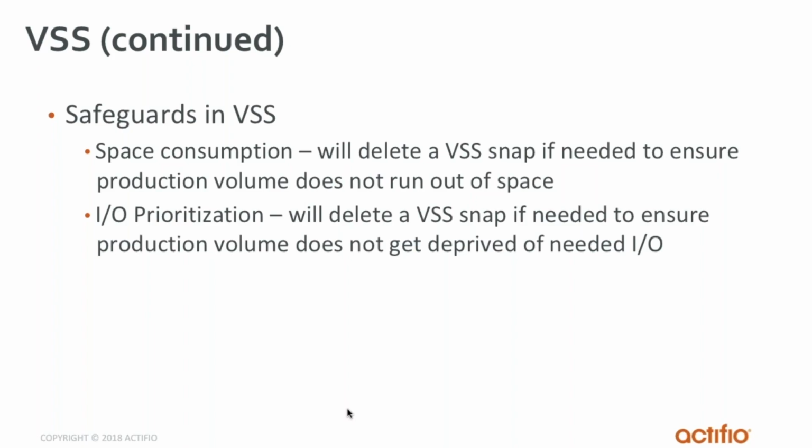The VSS provider allocates space to the snapshot. And when that space fills up, then it allocates more. And it does it in chunks. At the point in time when it does the allocation, it actually has to pause IO very temporarily, so it has an IO impact on that production volume. The way the provider works is it's so tightly integrated with the core disk drivers that it knows to prioritize production IOs first.